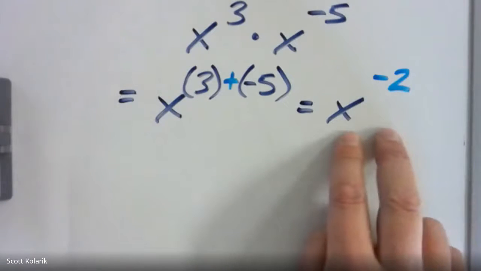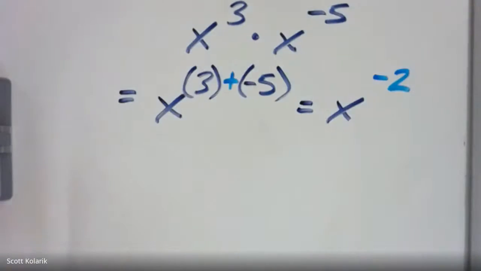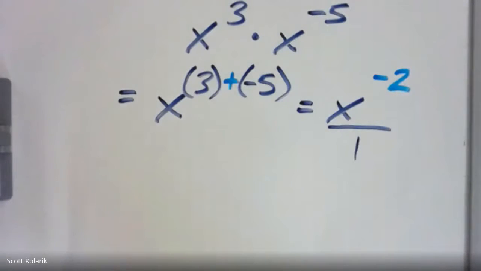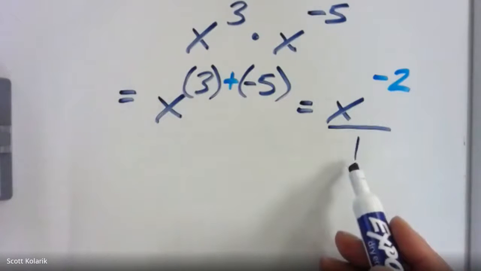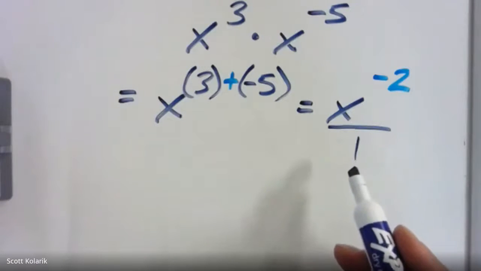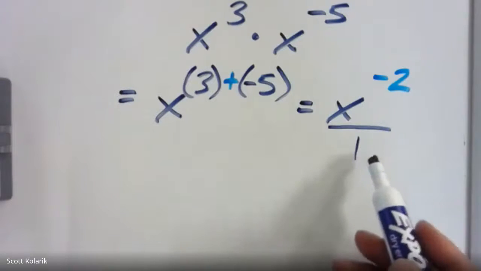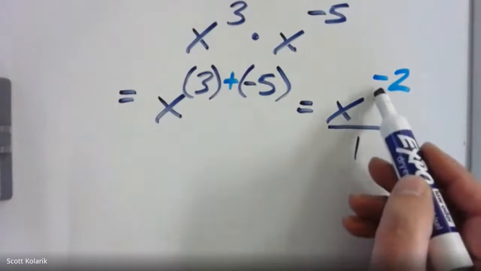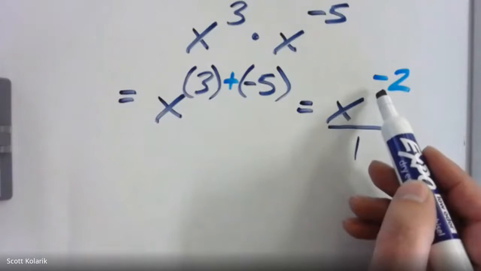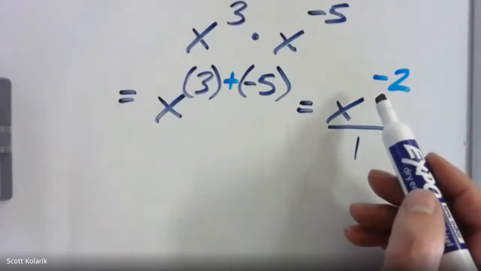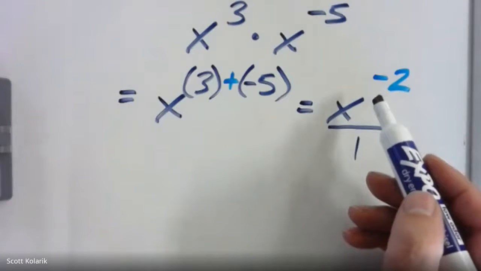Technically speaking, this as it's written is technically all over 1. We just don't bother writing that, right? Anytime we have a single object, it's technically over 1. We just don't bother writing it because it's redundant, it's more work. Here's where it's going to come in handy. The way I deal with converting a negative exponent to a positive exponent is I'm going to do a mathematical term called taking a reciprocal.